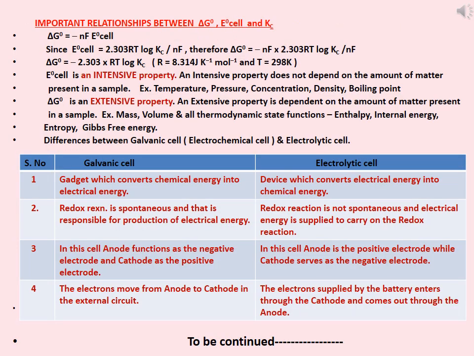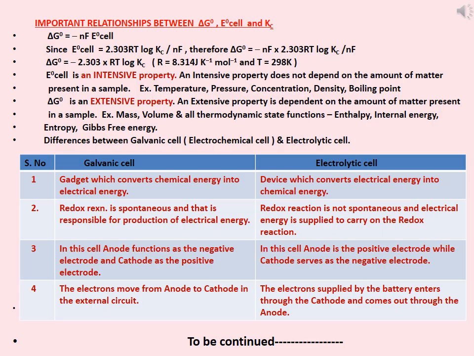In the last portion of this video, I have included some important relationships between delta G naught, E naught cell and Kc, the equilibrium constant. And also the differences between an electrochemical cell, that is a galvanic cell, and an electrolytic cell. So first, delta G naught, we know, is equal to minus nF E naught cell. But E naught cell is 2.303 RT log Kc by nF.